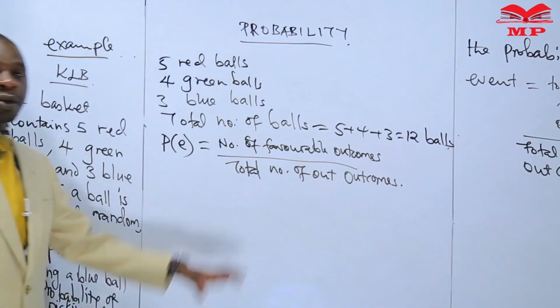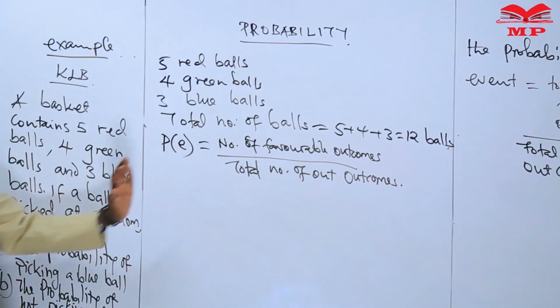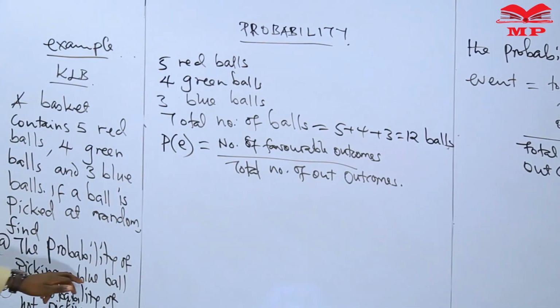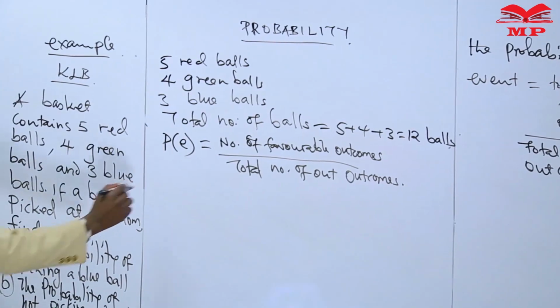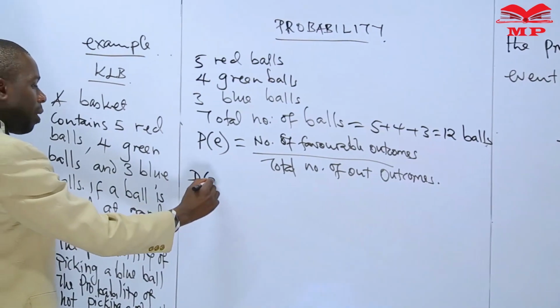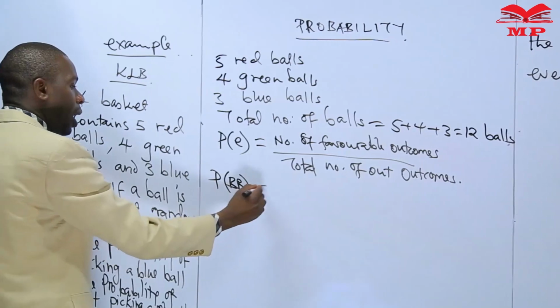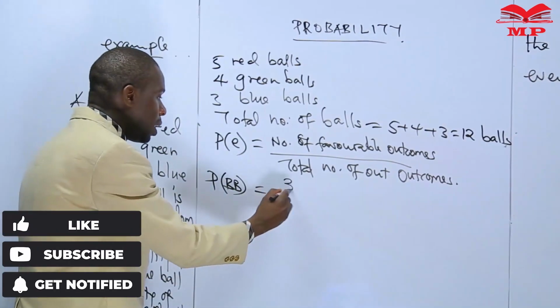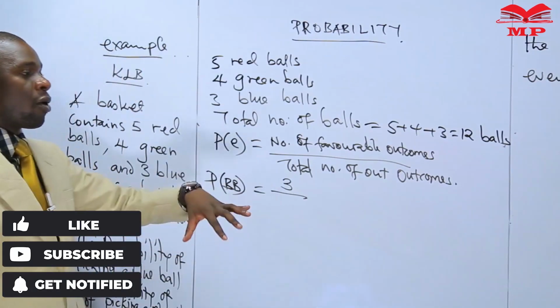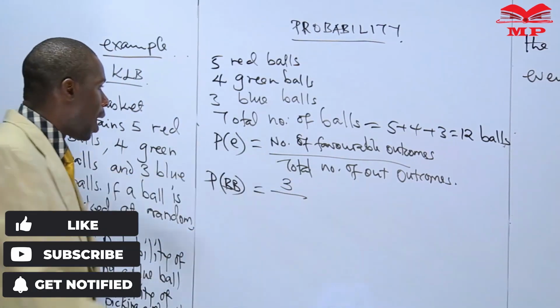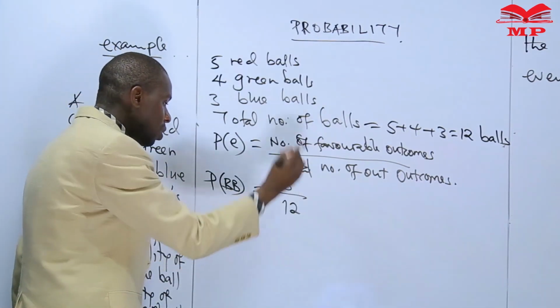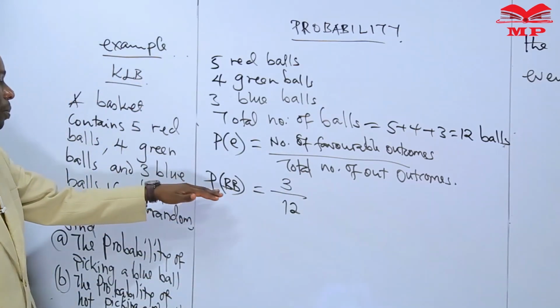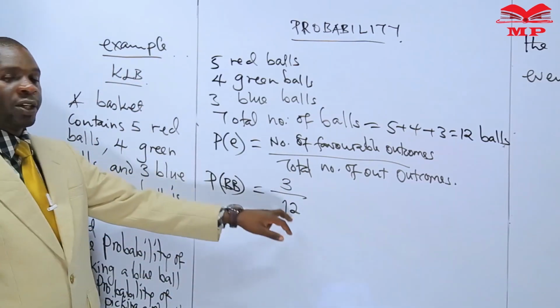So the outcome that favors us here, in this case, is blue ball. So we will say, therefore, the probability of a blue ball can be given by the number of blue balls. In this case, there are 3. And the total number of balls we are picking from are 12. So therefore, the probability of picking a blue ball is 3 over 12.